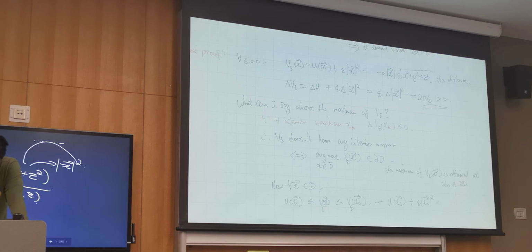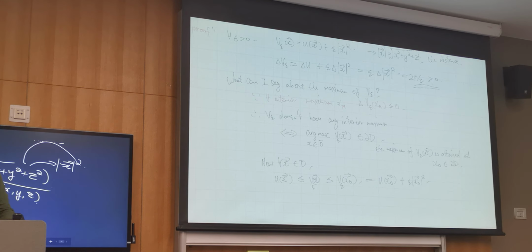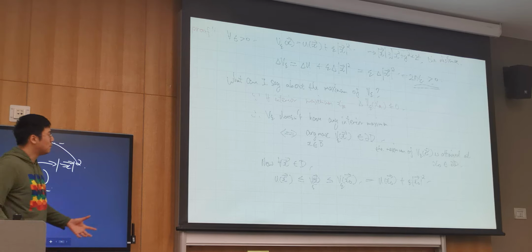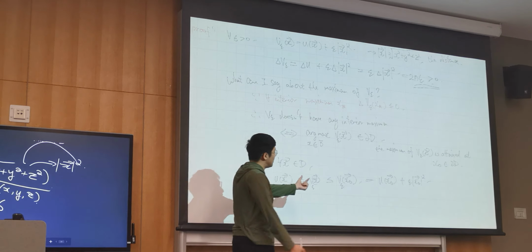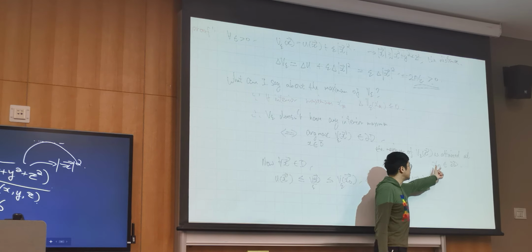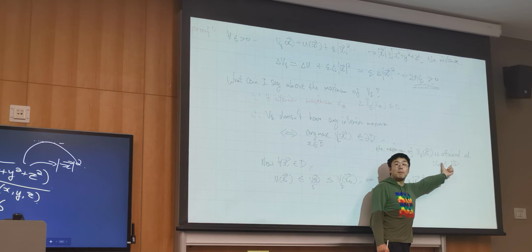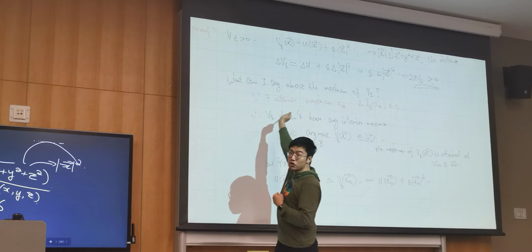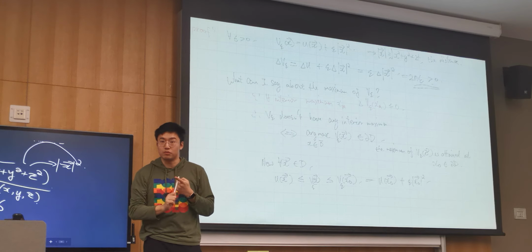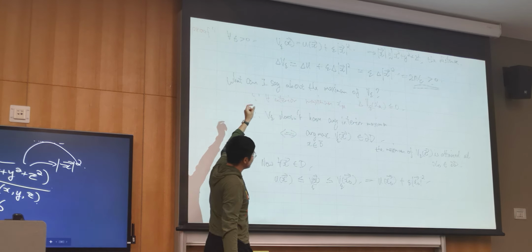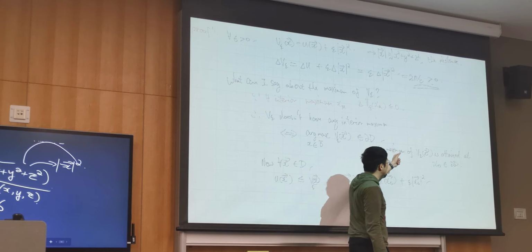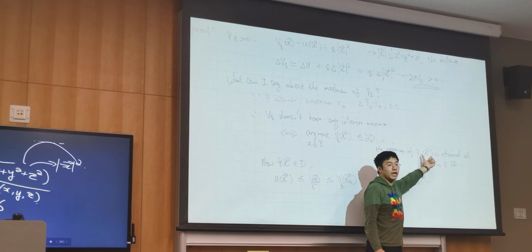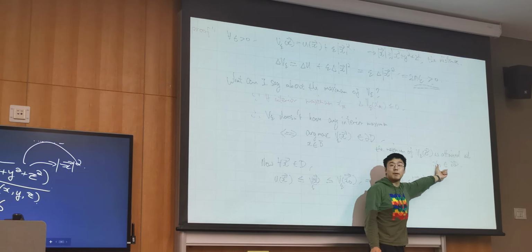So don't forget, my x0 always belongs to the boundary of D. It doesn't really matter which epsilon I choose: for any epsilon that I choose, the maximum of v epsilon is attained on the boundary.